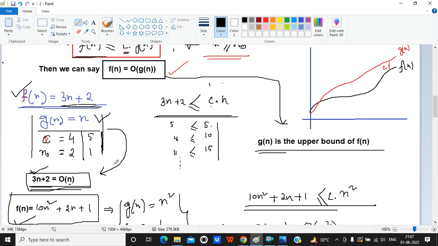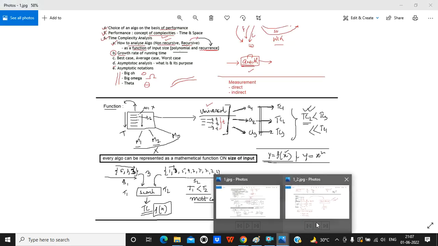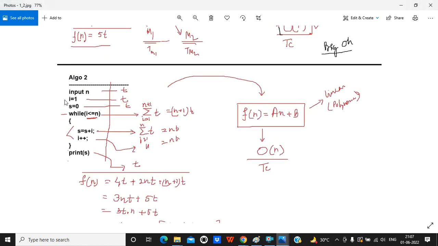Are you getting the thing? Can you please come again with the last point? Yes. See here, last day we did this thing. This is the type of algorithm where you have only one loop, no nested loop, no recursive function. In this function we represented it as a linear function, f(n) is equal to an plus b.